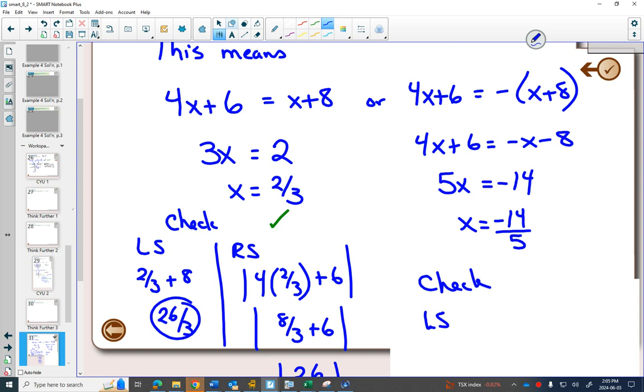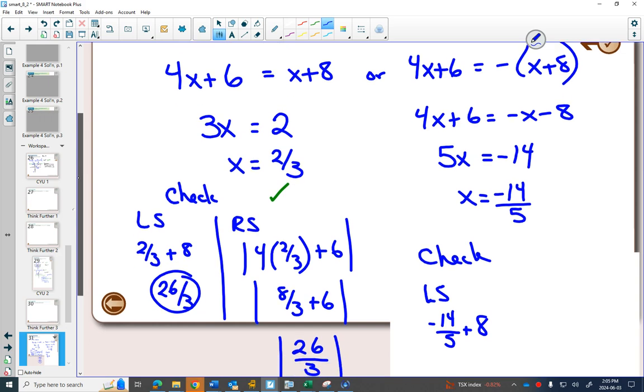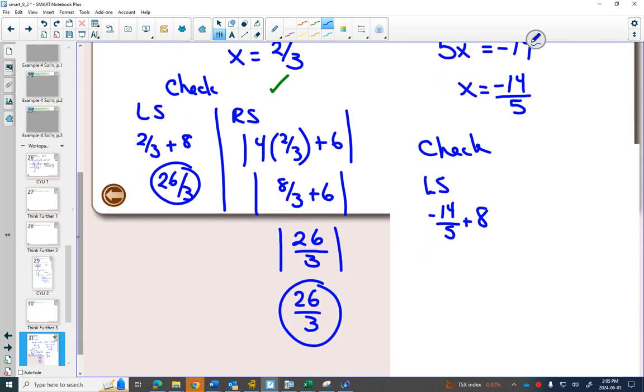My left side is negative 14 over 5 plus 8. Need a common denominator, so 8 is 40 over 5. Negative 14 over 5 plus 40 over 5 will be 26 over 5.